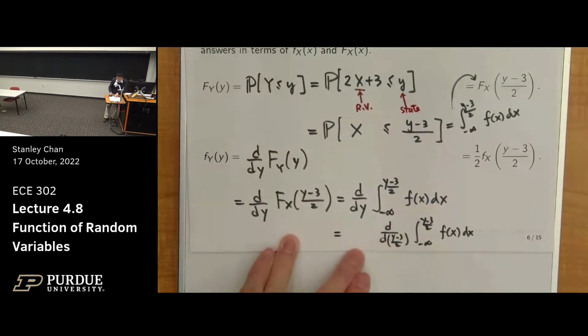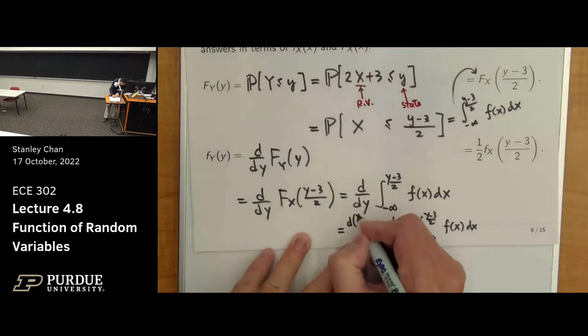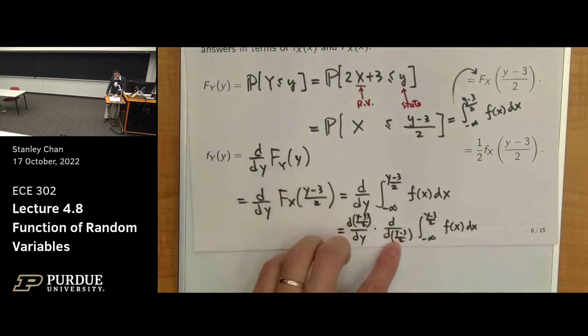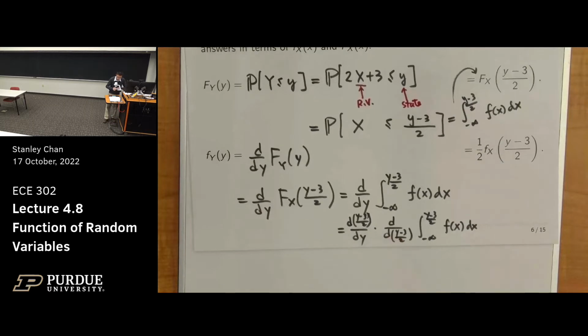But in order to match that, we also need to do this transformation. So you are going to take this d of this term and divide by dy. So this is like a substitution. You need to take care of that additional thing.